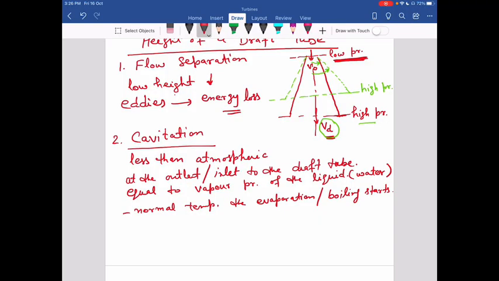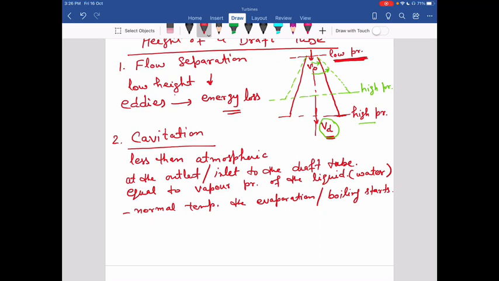Okay. Now, this boiling forms the bubbles at the room temperature. Now, when these bubbles reach some region of increased pressure, at that very position, these bubbles collapse.